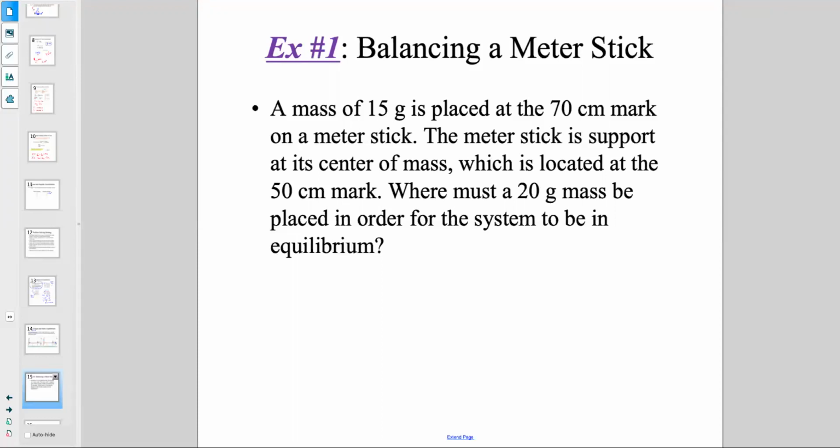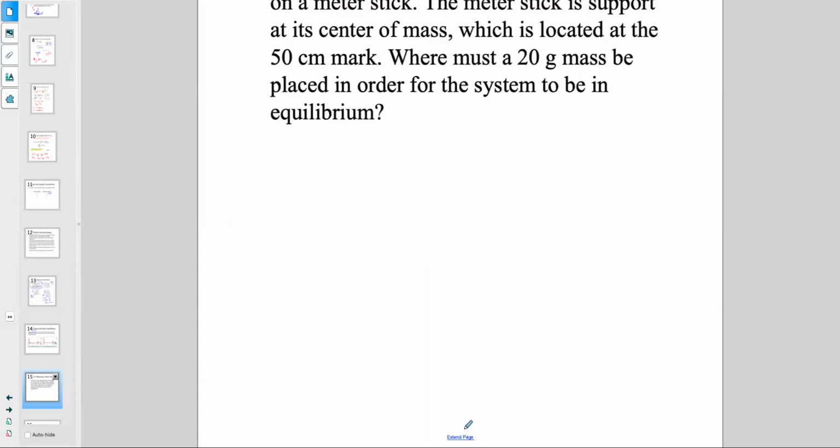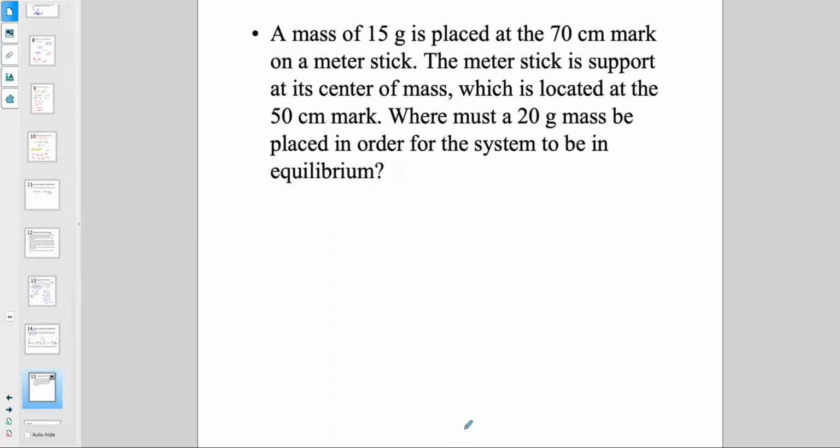What we have is a meter stick, which is 1 meter or 100 centimeters. It is supported exactly at the center, so I have half of the length L over here and half of it over there.